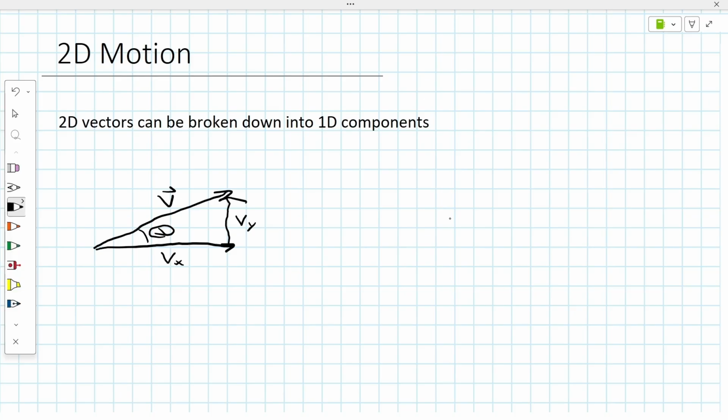To do this, it's really just using some basic trigonometry.